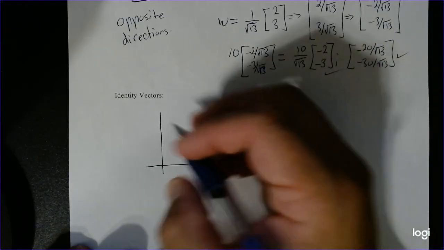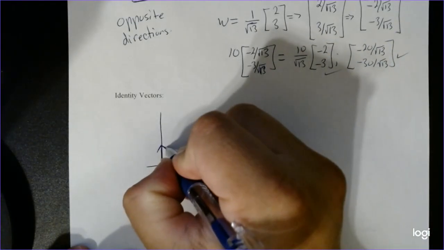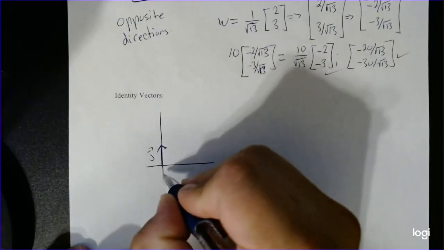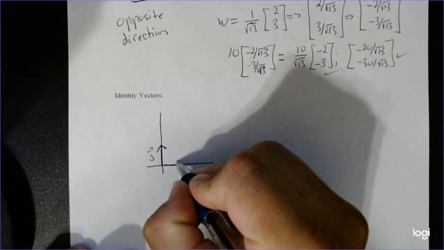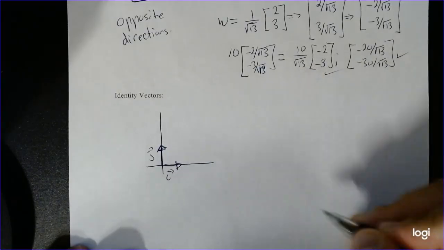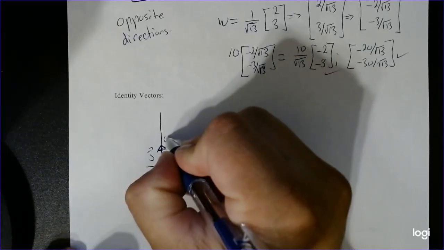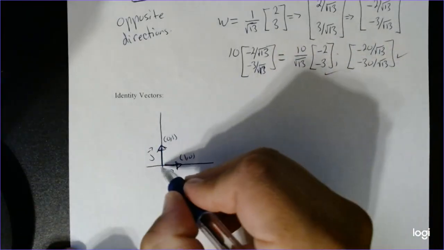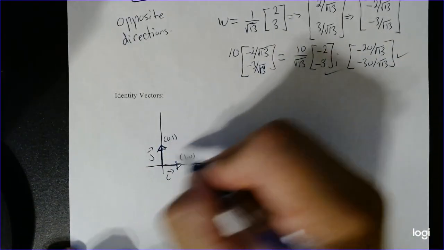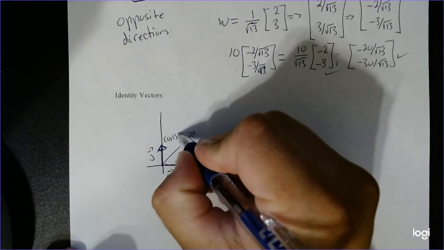The unit vectors are basically i equal to 1, 0 and j equal to 0, 1.